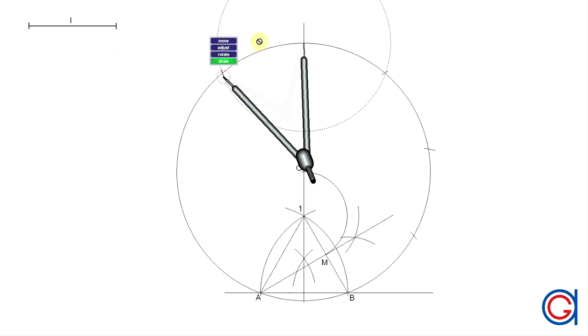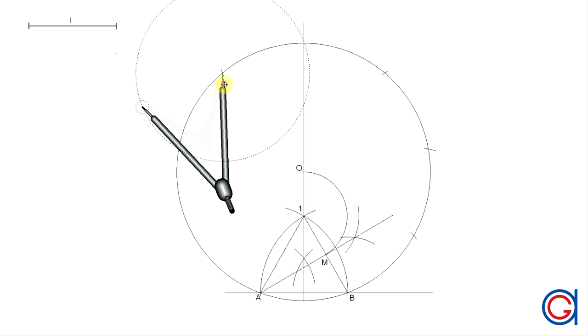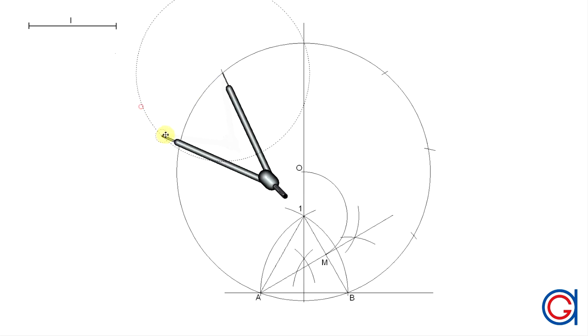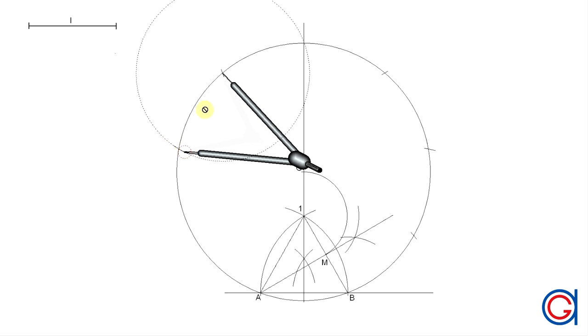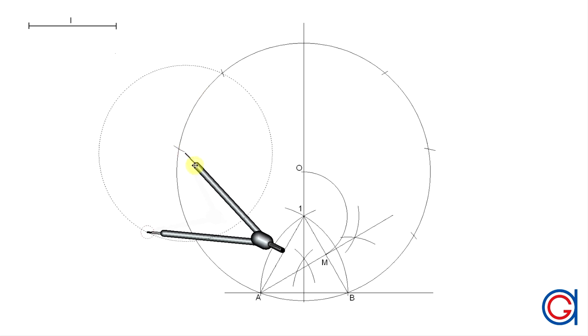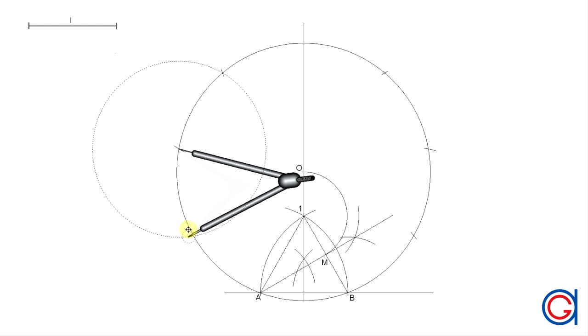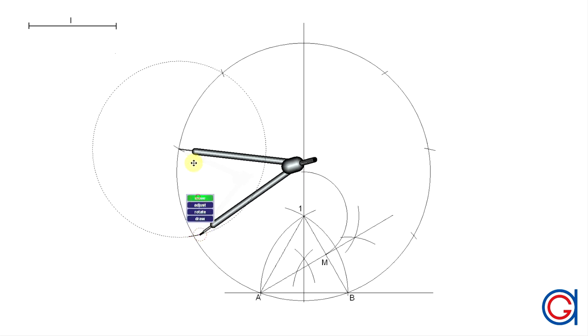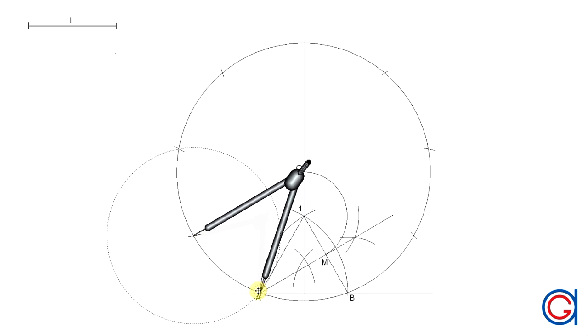Again, setting our compass on the previously scribed arc and scribing the next arc. And now the second last one. Okay, and again, if we've been working with precision, our final arc should cut at the point A.